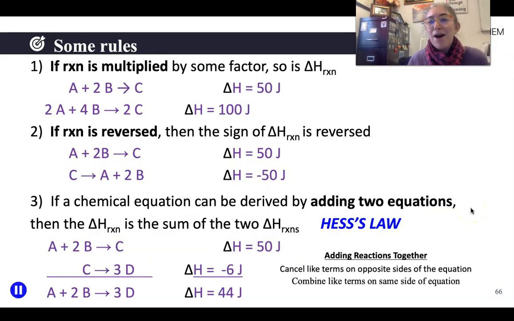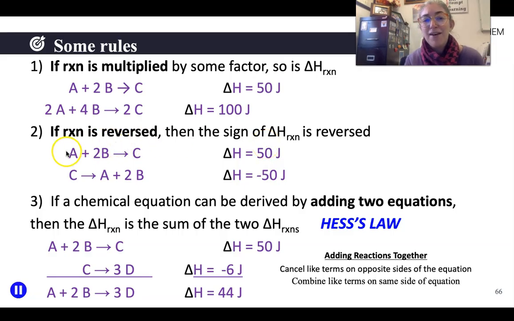All right. Other manipulations that we can do of reactions on paper to figure out the heat of reaction without actually doing a lab to measure it is if you reverse a reaction. Oops, I'm on number 2 here. If you reverse a reaction, then you reverse the sign of the reaction.